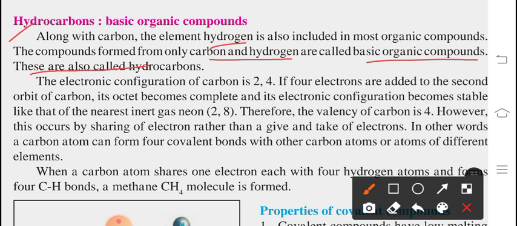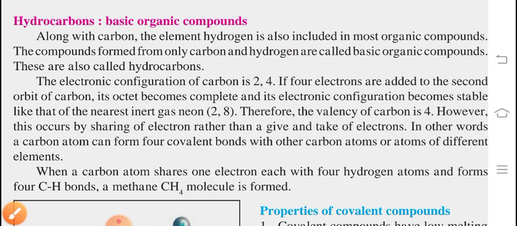Now here there will be a combination of carbon and hydrogen, and this compound, formed by the combination of carbon and hydrogen, is called a basic organic compound, or we can say hydrocarbon, because it is a combination of carbon and hydrogen.